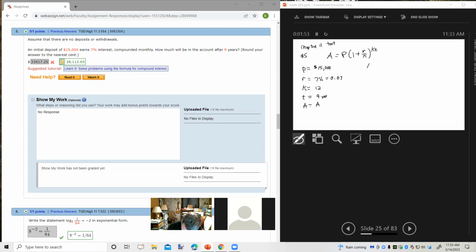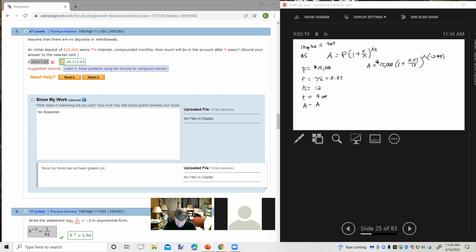All right, so A equals 15,000 times (1 plus 0.07 over 12) to the 12 times 9 power. Now, 0.07 divided by 12 is not a nice number, so I'm not going to calculate it and round it off. I'm just going to leave it as it is.